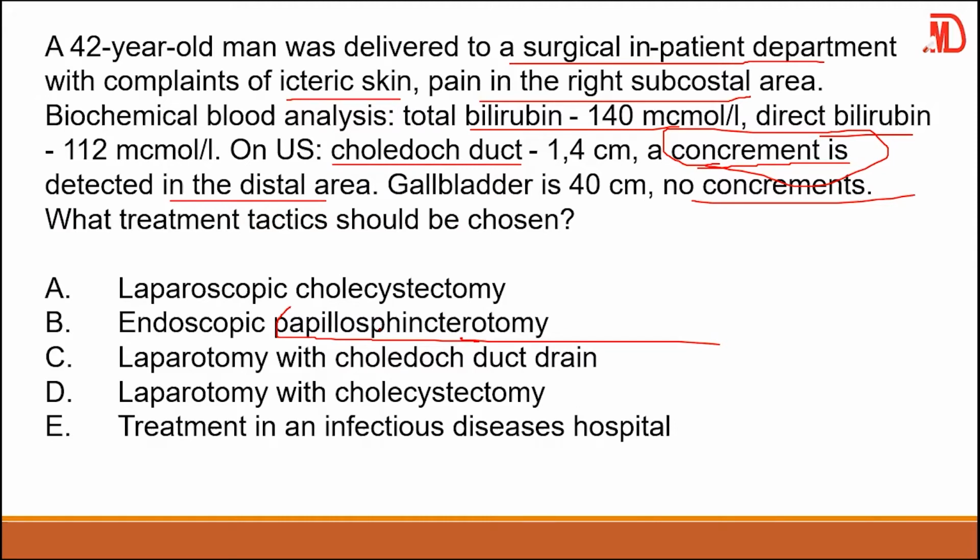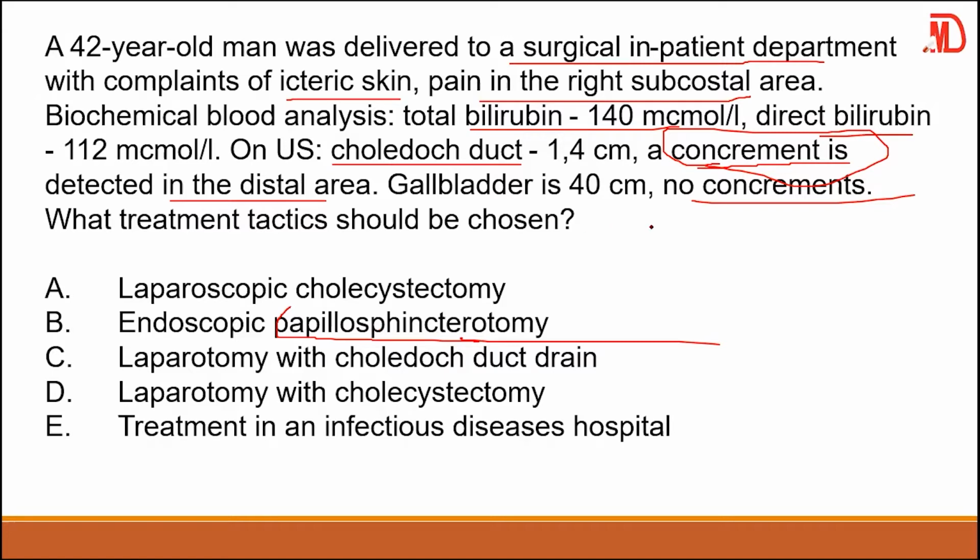Because this stone is found at the distal end. When we talk about the distal end, we're referring to somewhere close to the papilla and the sphincter. That is where the bile duct and the duct coming from the pancreas meet to pass into the duodenum. That's where they all meet.